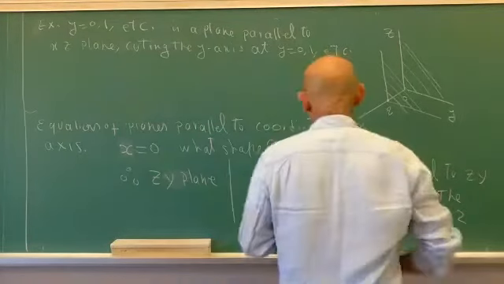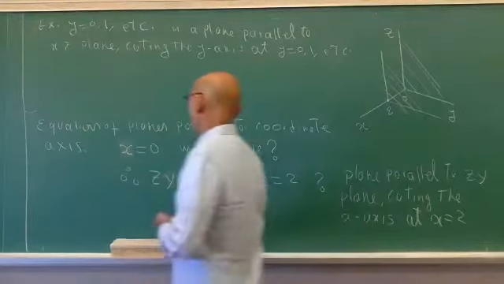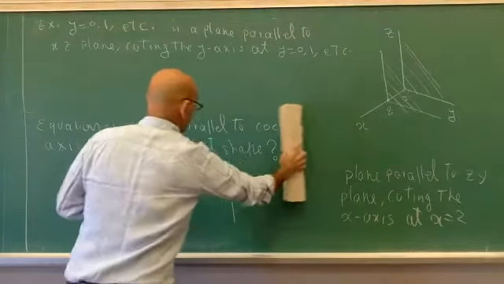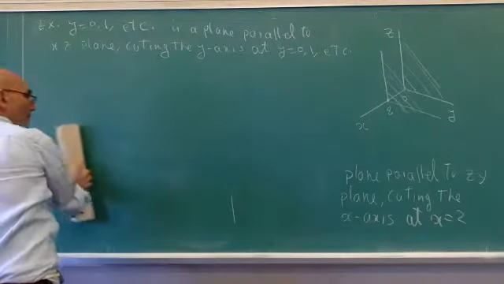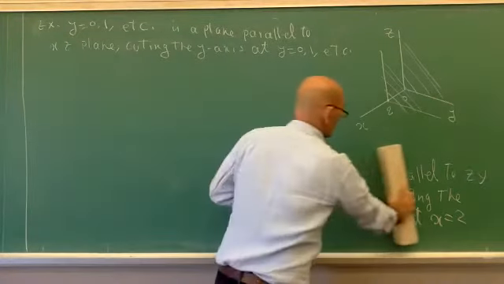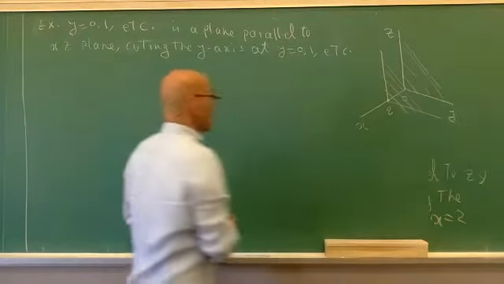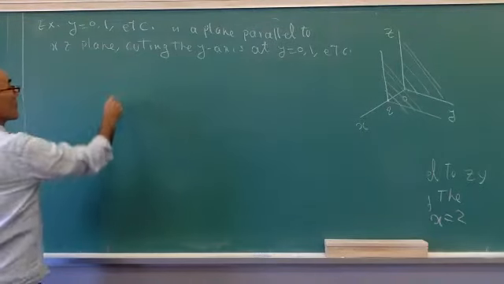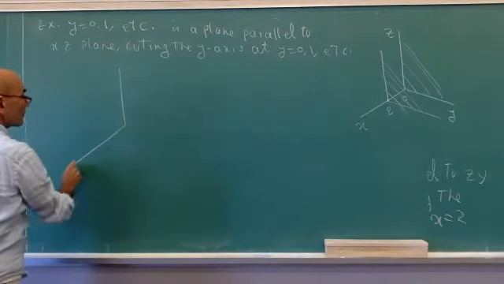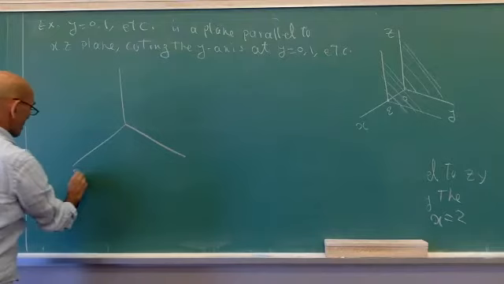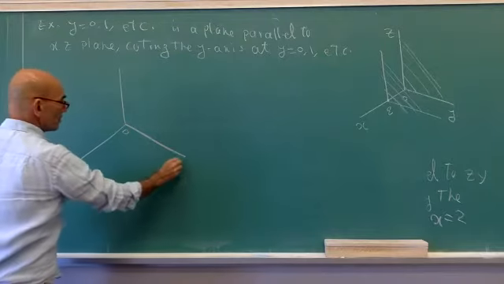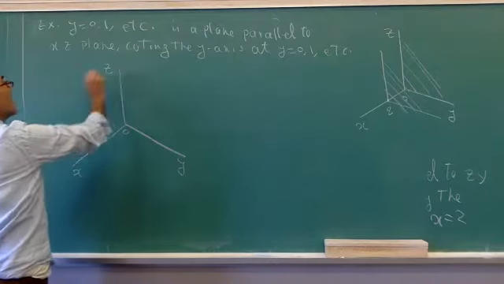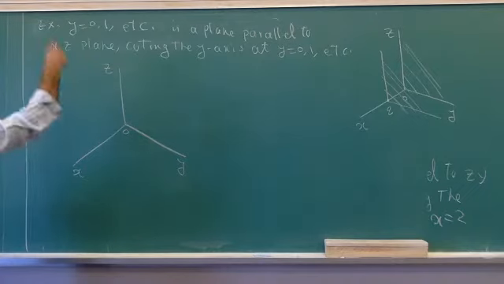Okay, so this time I can draw a picture. I don't want to draw it on the same one because it's going to get messy. So let's draw on a different coordinate system: x, o, y, z. Now this time we are saying, say, y equal to 1.